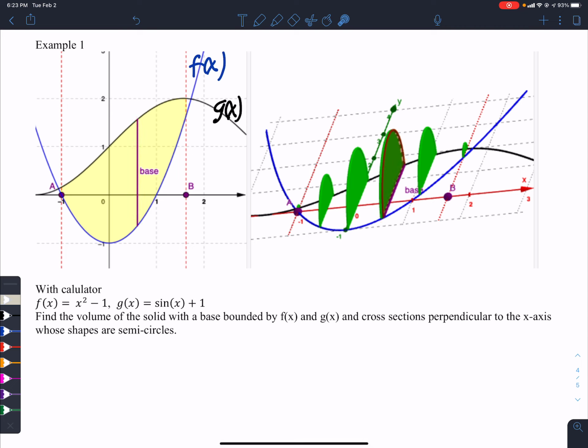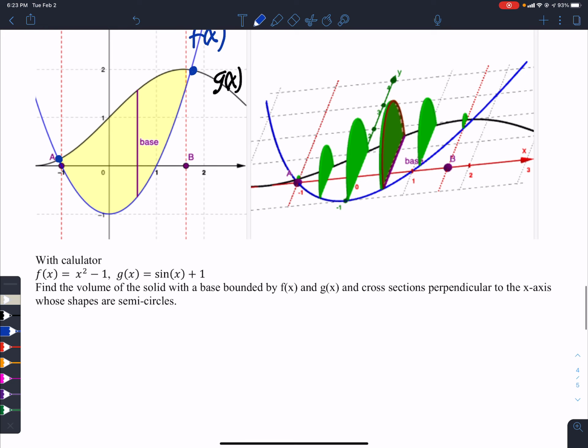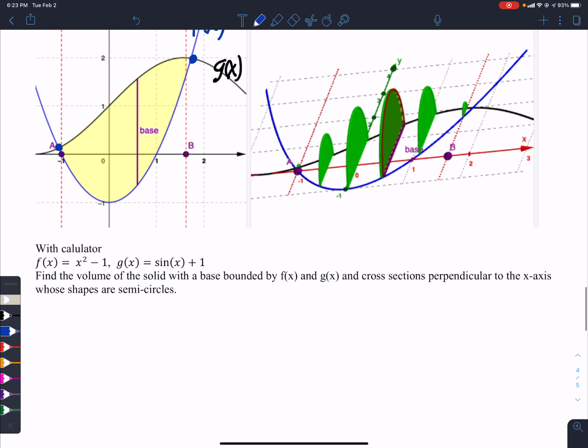But we need to find a couple of points. That intersection point and that intersection point. So the first thing to do, and this is required, is f of x equals g of x at, and this is a calculator problem, so we will calculate that on the calculator, and I will also do that for you.